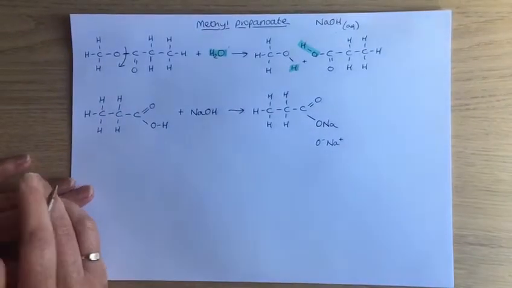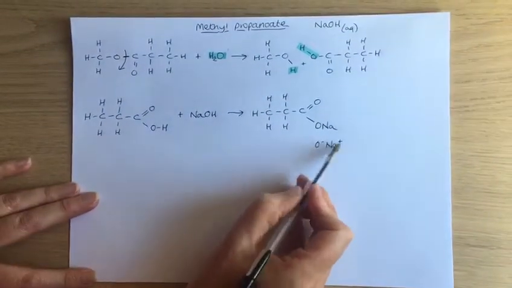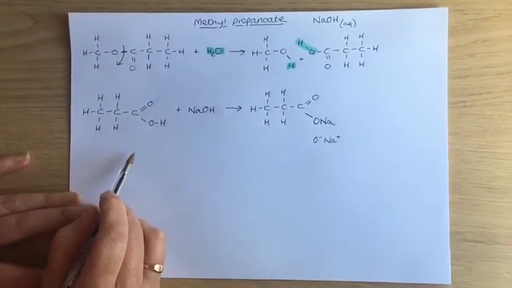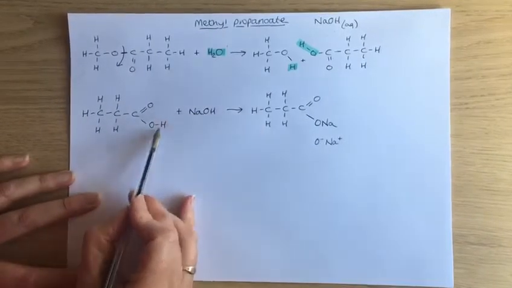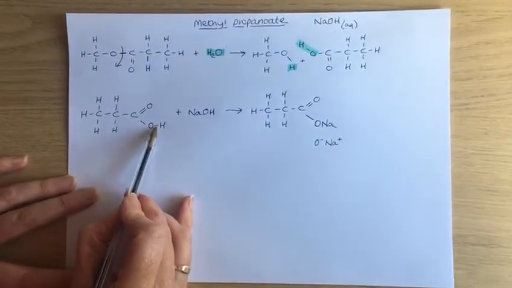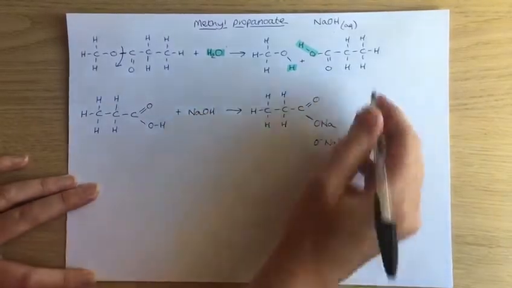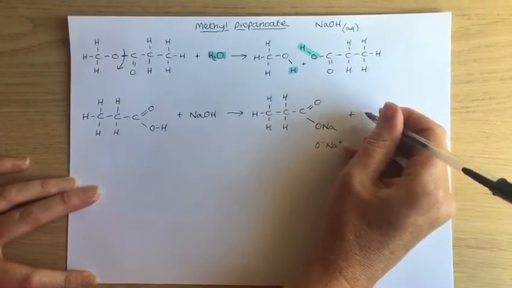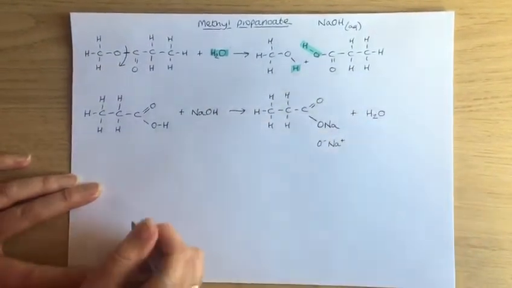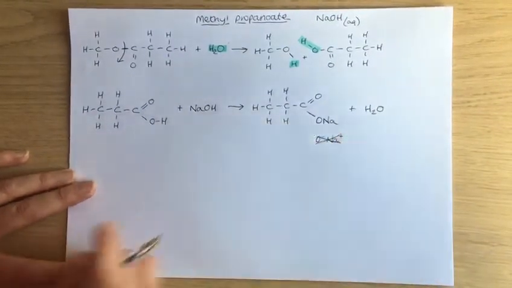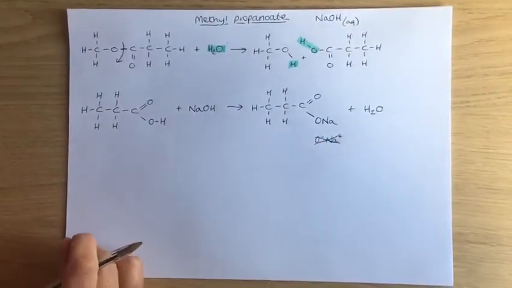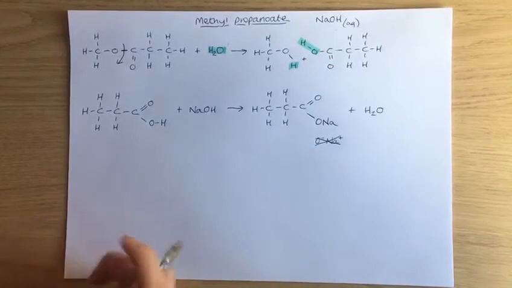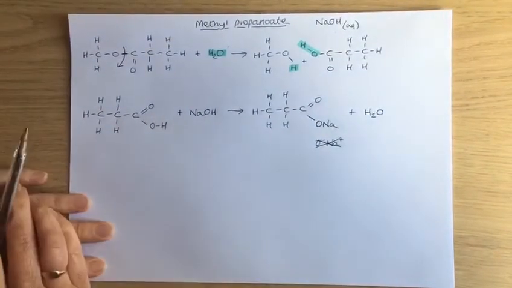That's equally fine, provided you put the charge on both of them. Okay, so your sodium ion has taken the place of the hydrogen ion. The hydrogen ion then will react with the hydroxide ion to make your water. So I'll just cross through that so that it doesn't confuse us. So there you go, that's the second step there.